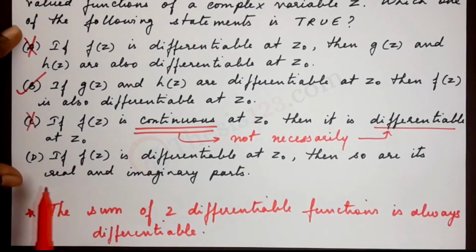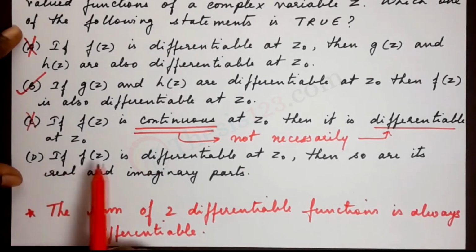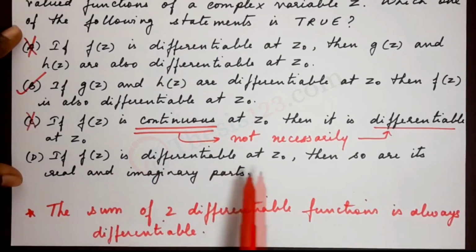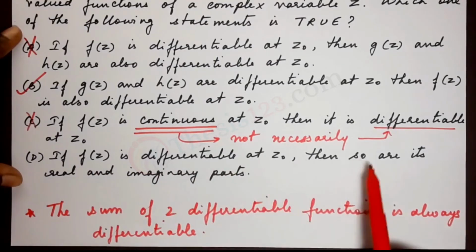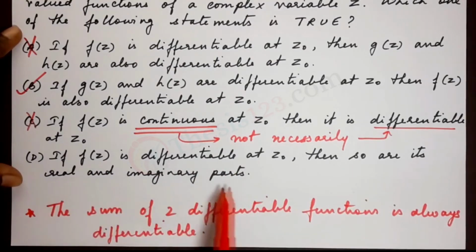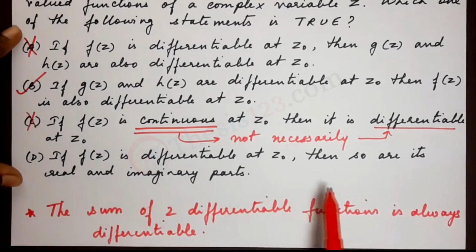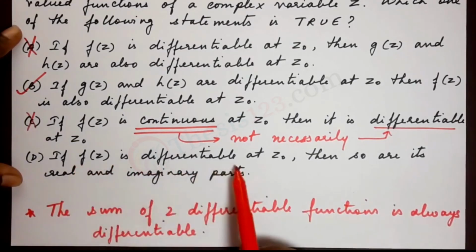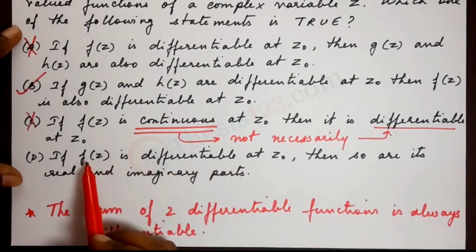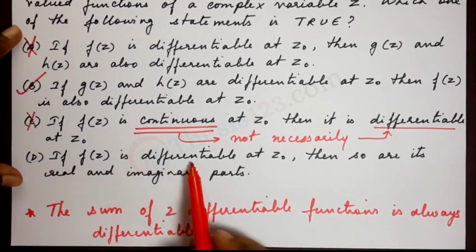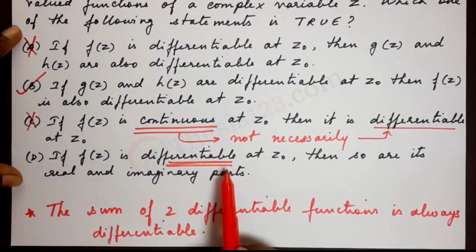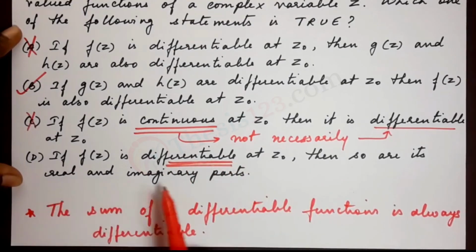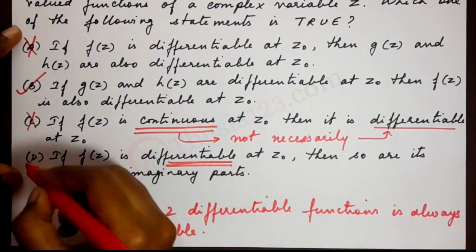The same goes for option D as well. If f(z) is differentiable at z0, then so are its real and imaginary parts. If the real and imaginary parts are differentiable, then f(z) is considered differentiable. But if it is said that f(z) is differentiable, then it need not mean that the real and imaginary parts are also differentiable.